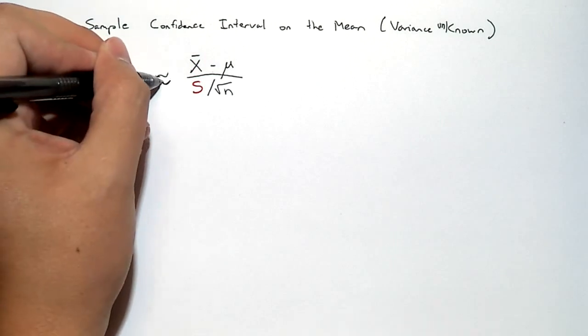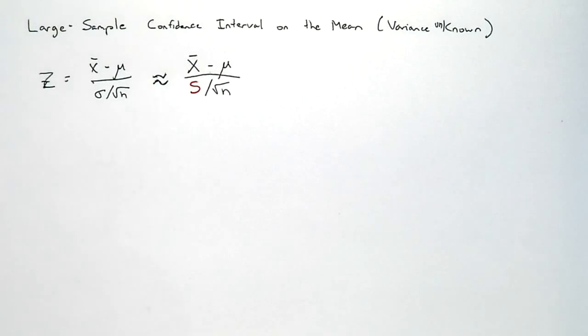So we can approximate our z random variable as the sample mean minus the population mean divided by the sample standard deviation over square root of the number of observations. And of course, the number of observations is going to be very large.